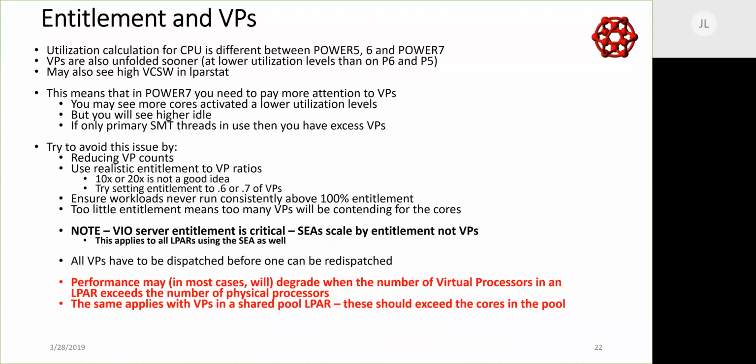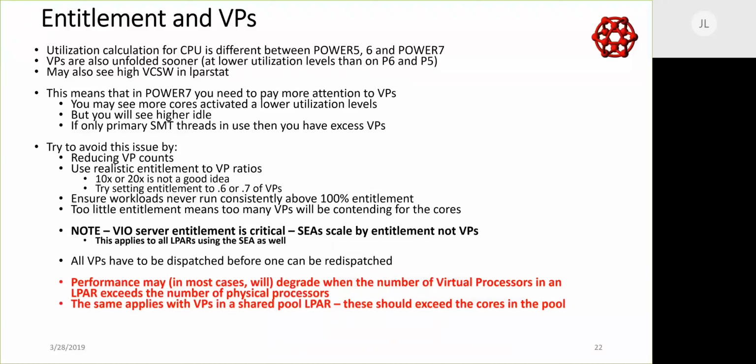It's really not a good idea, because the hypervisor has to manage 20 virtual processors, plus if you're running SMT8, that's 160 threads that it has to manage for every core. That's an awful lot of hypervisor overhead.